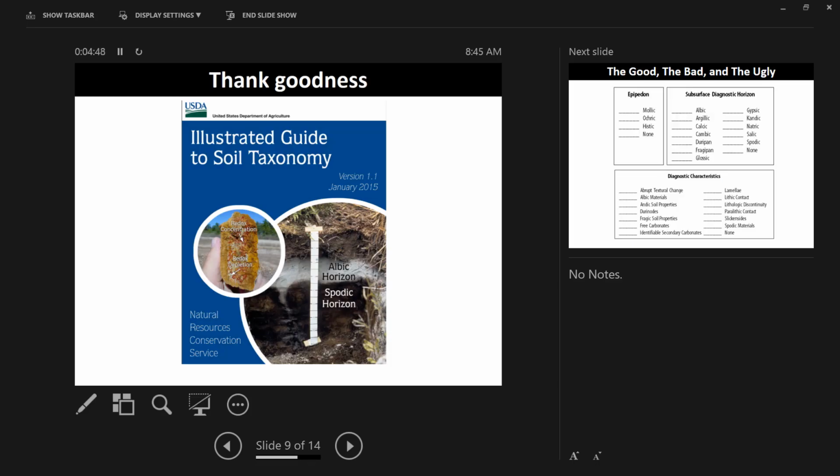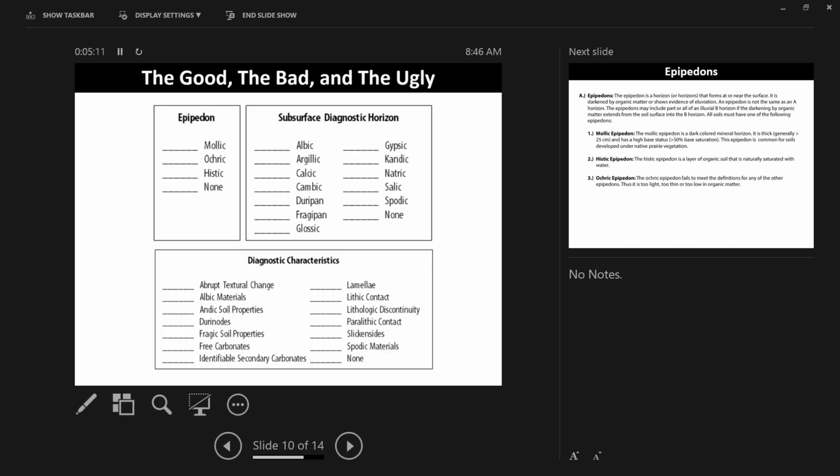Thank goodness they've kind of condensed it, and we'll be using this more illustrated guide, nice, pictures, right? Condensed, kind of the most important criteria, rather than all the exceptions to the rules type stuff. So we'll get a chance to practice with this.